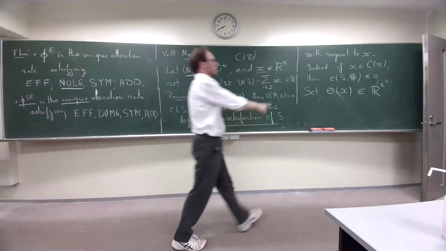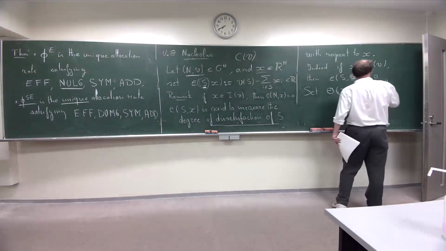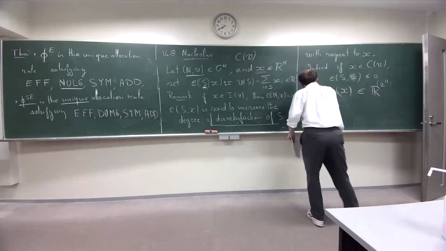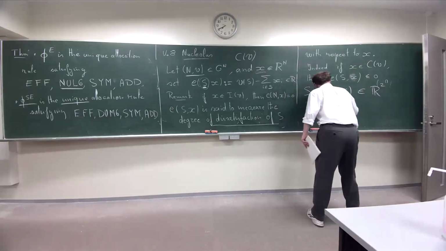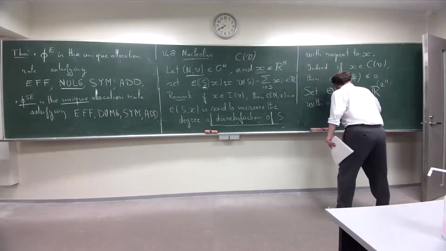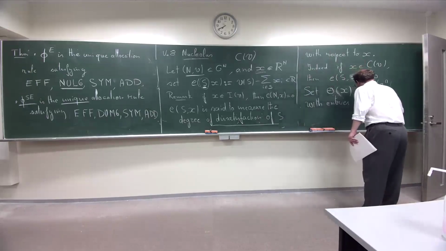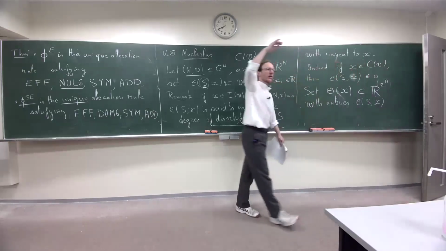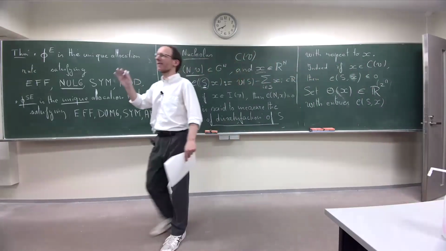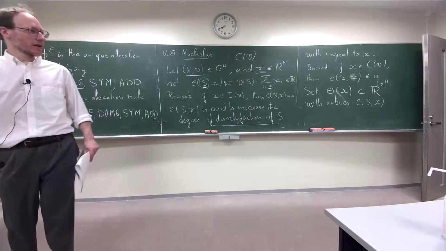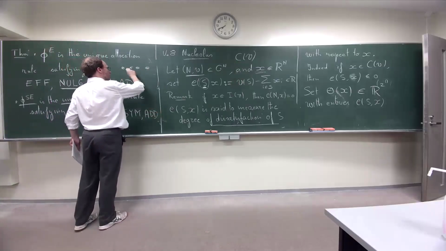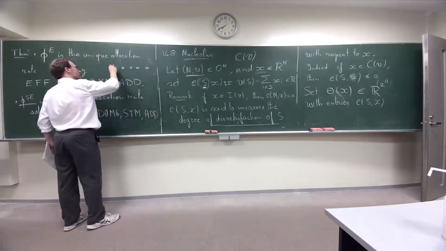It's better. So it's a very long vector because remember, we have 2^n coalitions, and I'm just creating 2^n real numbers. So I'm going to set theta x, a vector in R^(2^n), with entries e of S, x. Now, in which order should I put them? Because S is a set, take a set of 4 points.